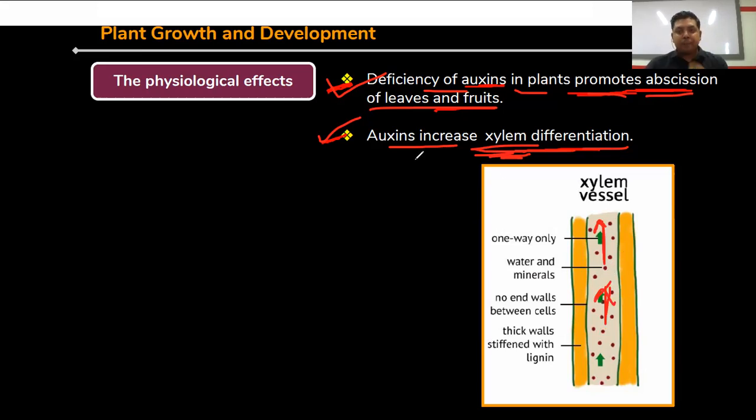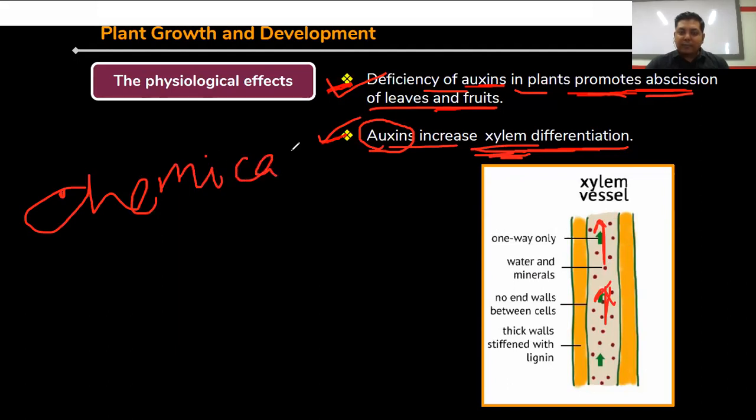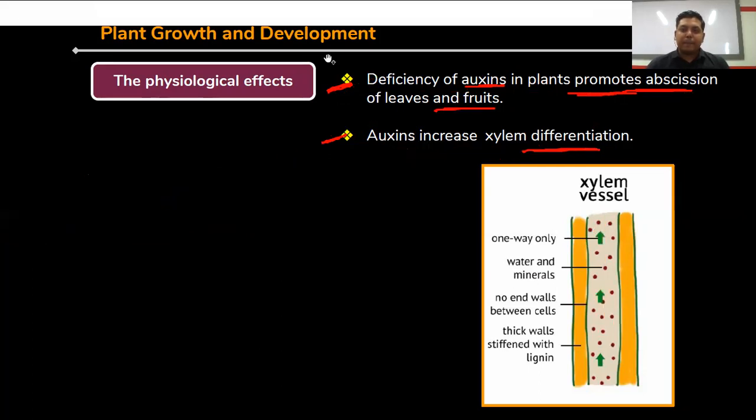Because auxins are chemical compounds, and xylem contains water, mineral ions, and some chemicals. Auxins are chemical in nature and they are transported through the xylem vessel. So that's why auxin is involved in increasing xylem differentiation. This is also an important function of auxin.